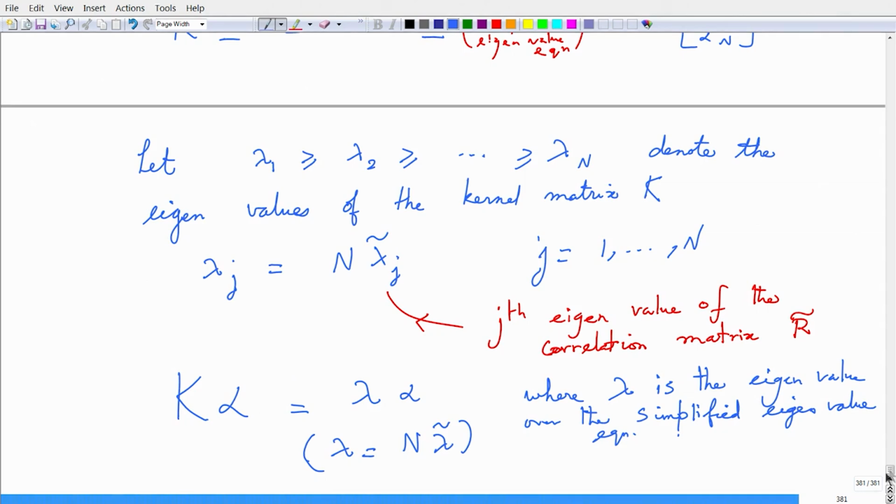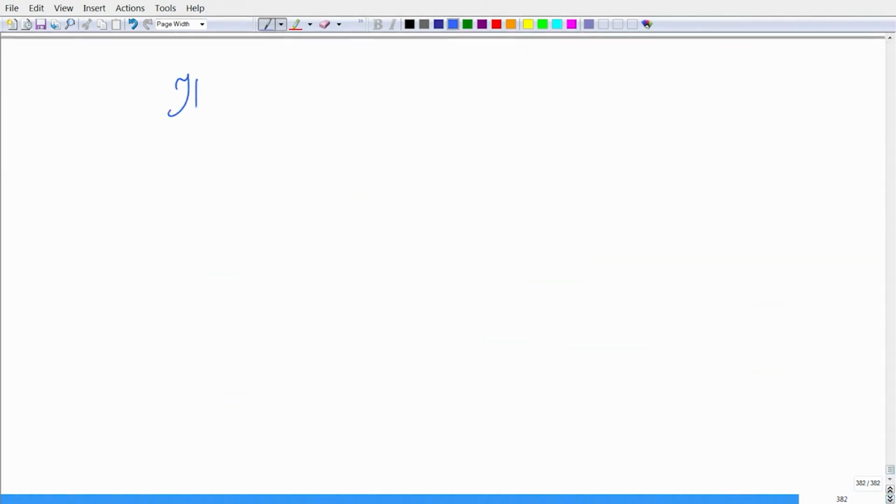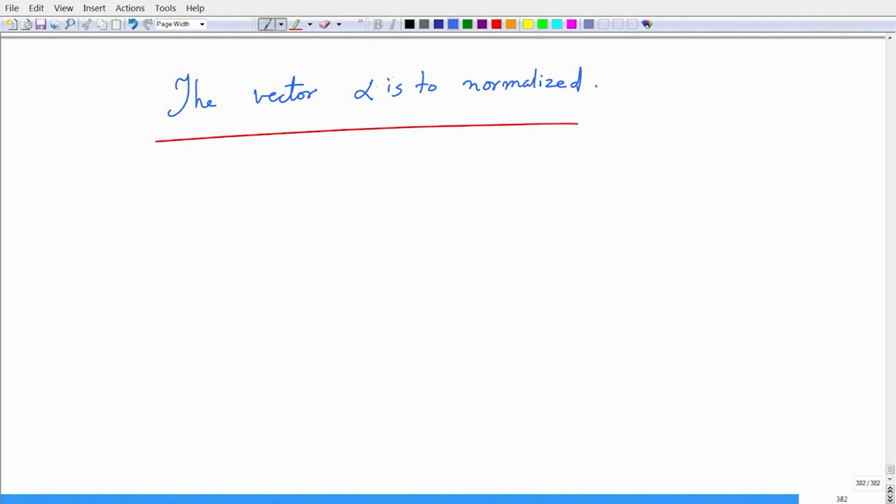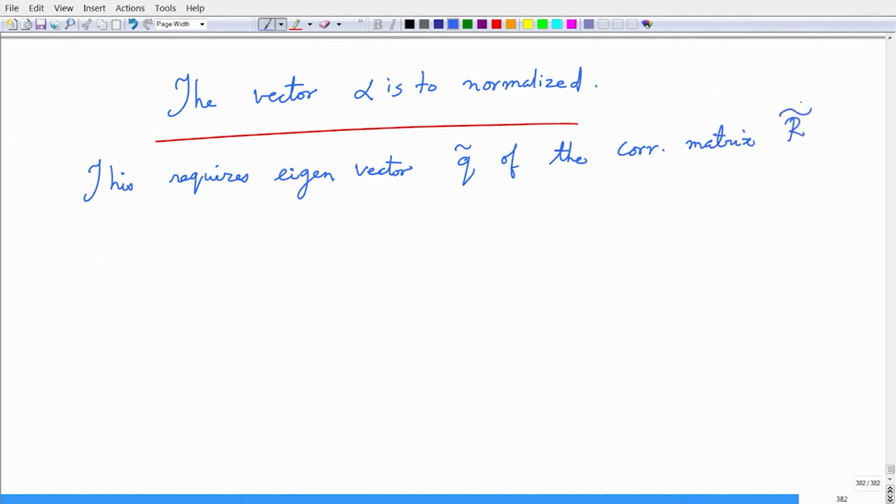Now, there are some more details here. The vector alpha needs to be normalized because it is an eigenvector, and this requires that the eigenvector q tilde of the correlation matrix R tilde be normalized to unity, right.